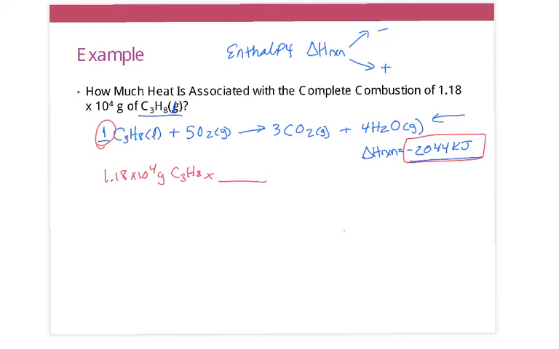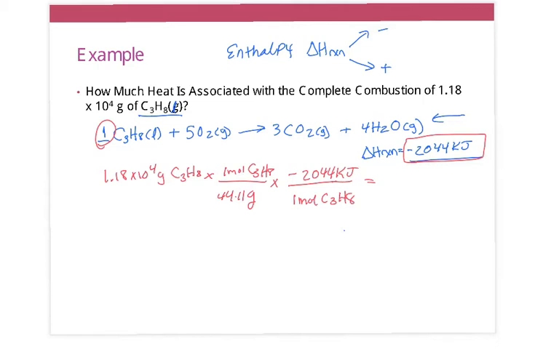So 1 mole of propane gives us 44.11 grams. That's just the molar mass, right? And now we know for every 1 mole of propane, we have 2,044 kilojoules of energy.